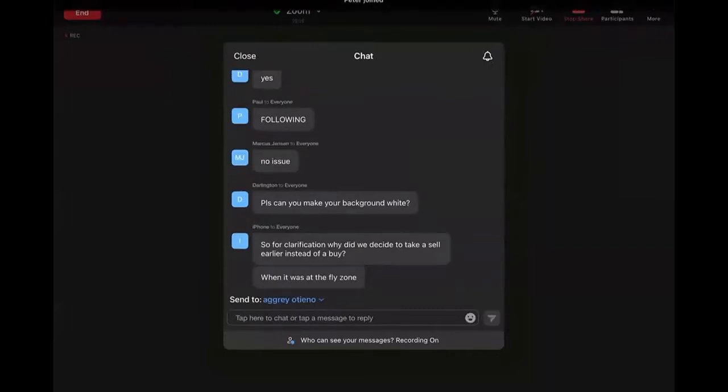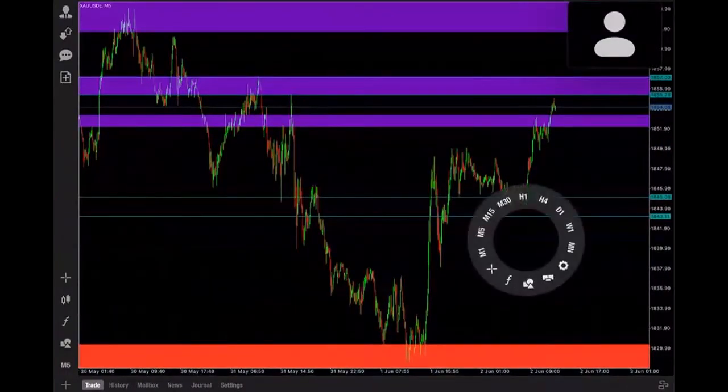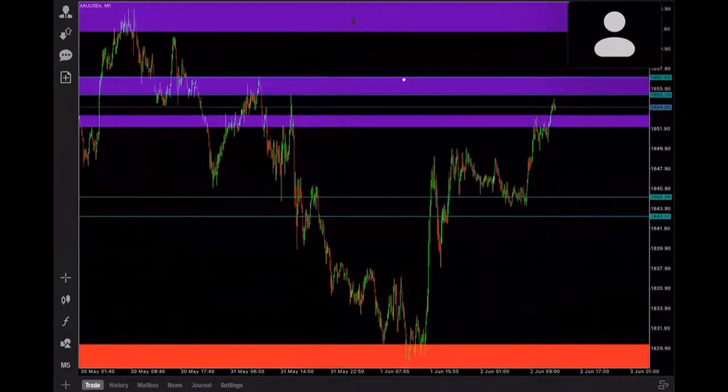For clarification, why did we decide to take a sell and leave it instead of buy? But that one is Jack's signal, not mine. So it's hard to say. Every trader has a decision. For example, when it comes here, some people want to sell the sell zone, but we know that there's another sell zone here.